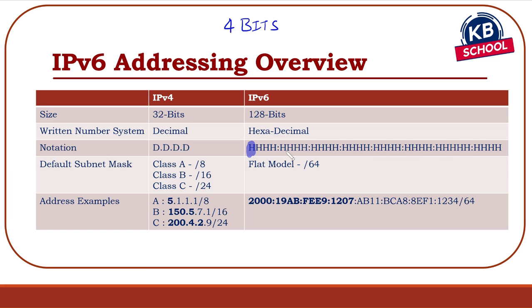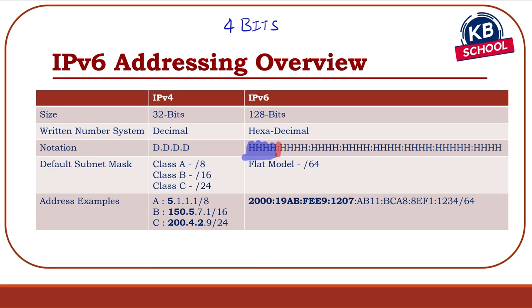Now, the way it's written is you write 4 of those hex digits in one block, and after the block you separate the different blocks by using a colon in the middle. So the delimiting character, which was a dot in IPv4, is a colon in IPv6.